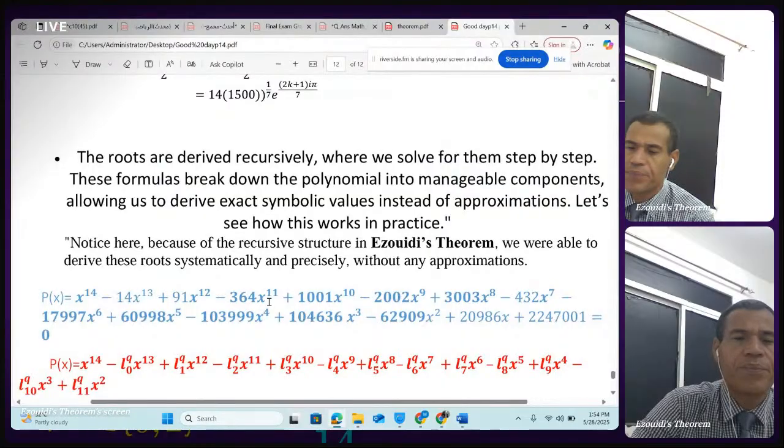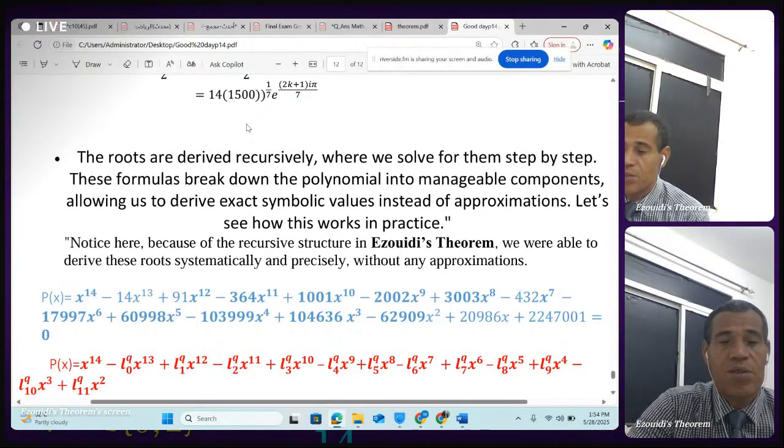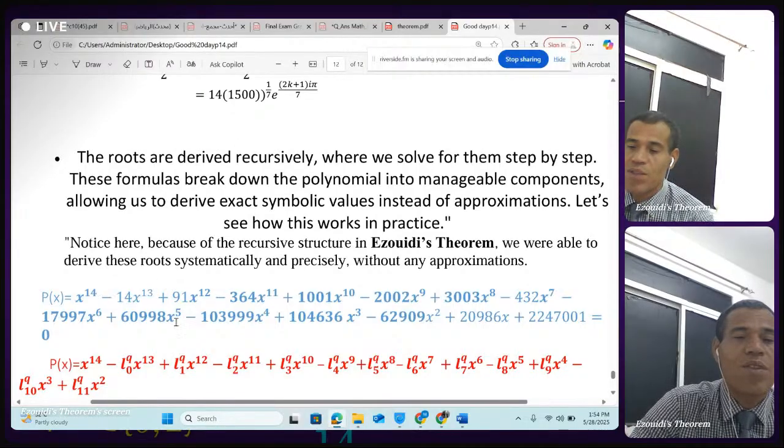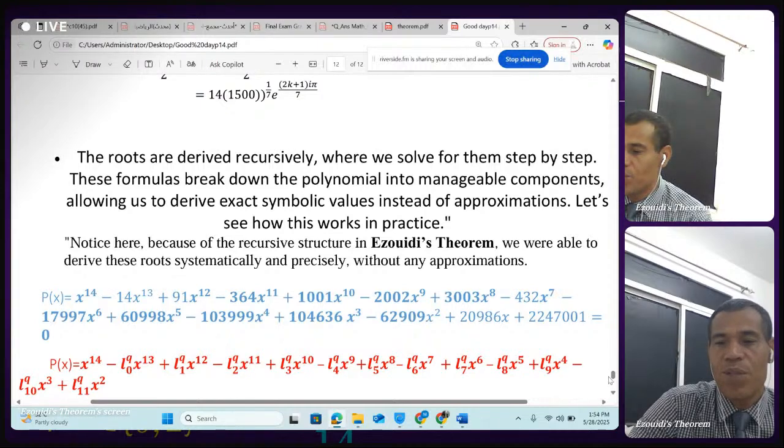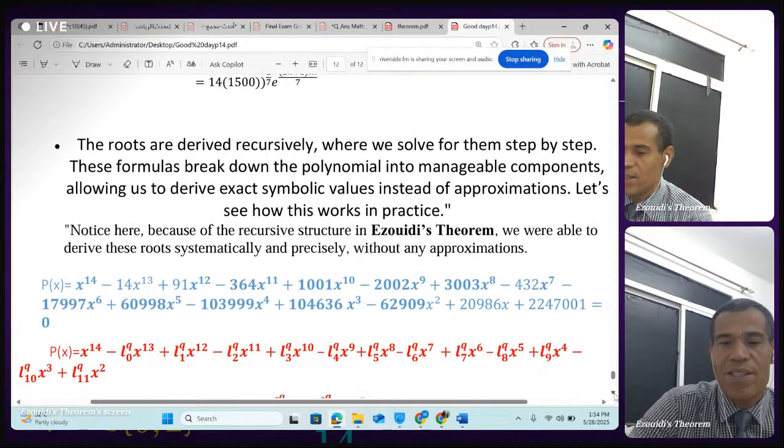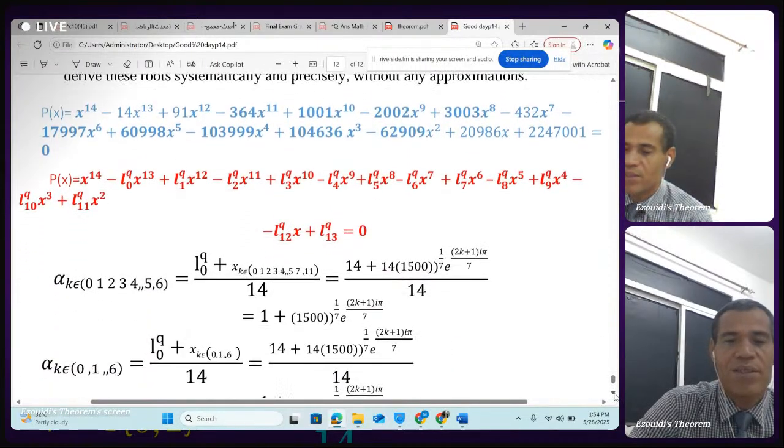So here, we found the 14 roots of this new 14th degree equation. So now I'm going to solve this. I will write alpha subscript k, from 0 to 6, is equal to L0, which is 14, plus this one divided by 14, okay? And I will obtain my 14 exact roots like that.